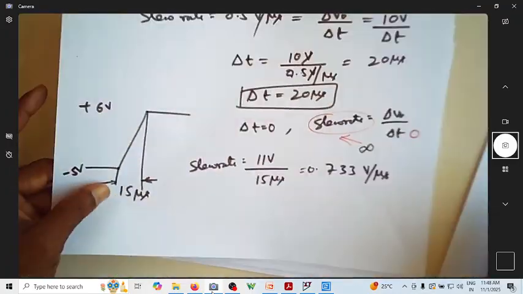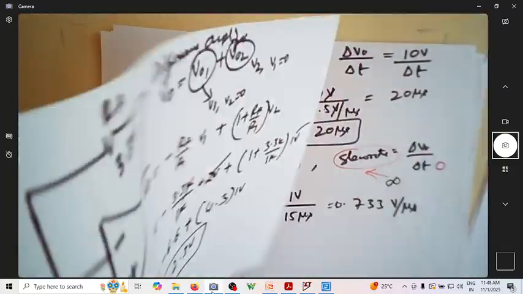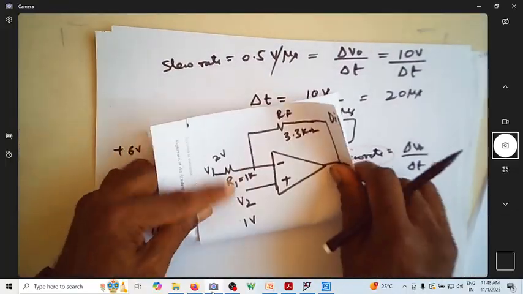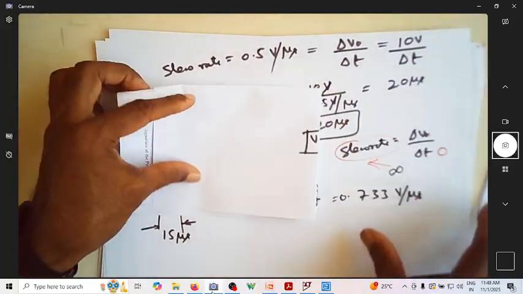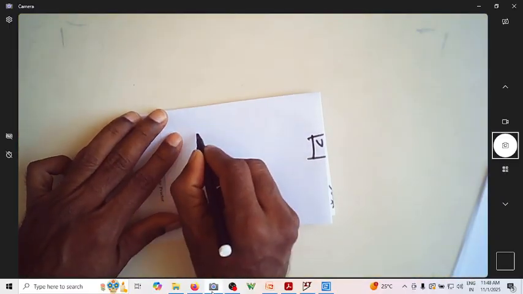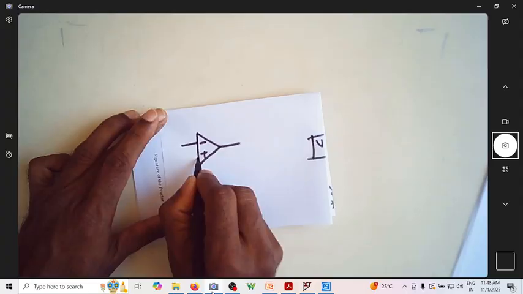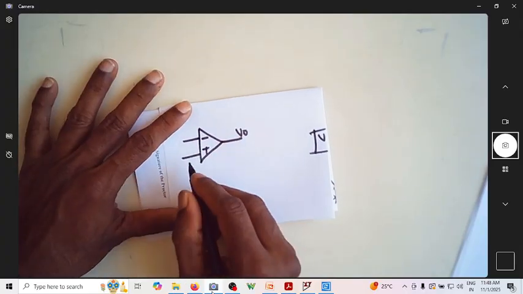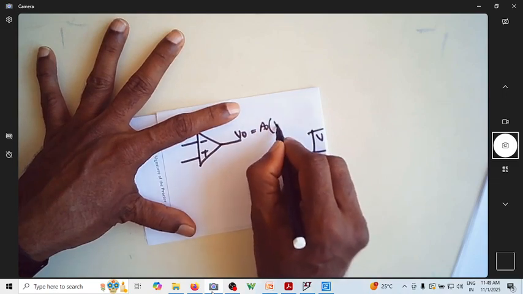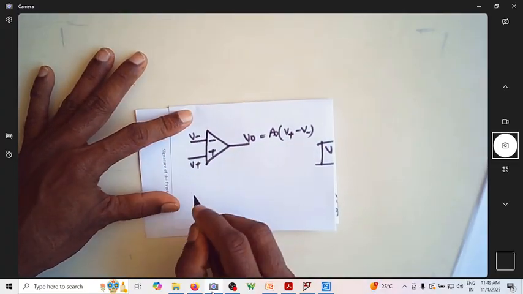We will again consider this op-amp. Just to save pages, I'm reusing this small portion of the page. Now this is the op-amp, minus, plus, and this is V0. We know that V0 is equal to A0 times (V plus minus V minus). This is V minus, this is V plus.